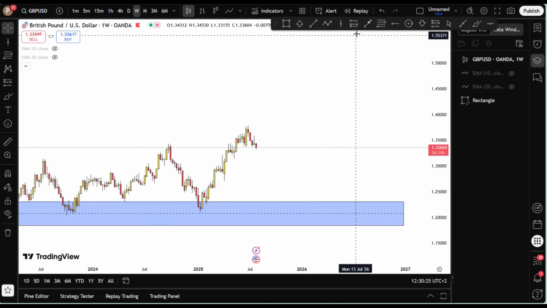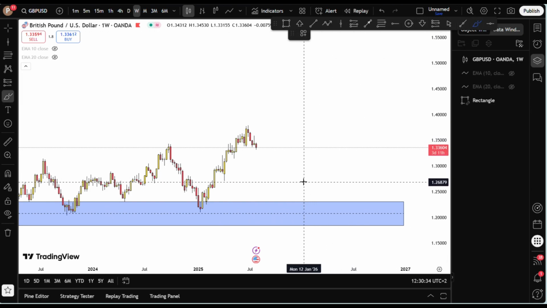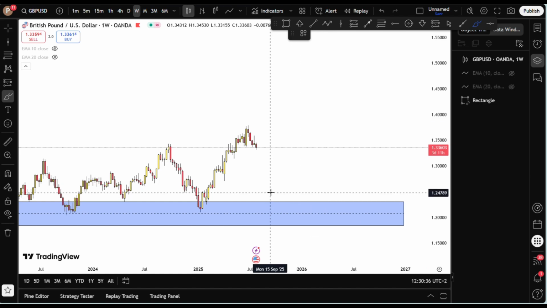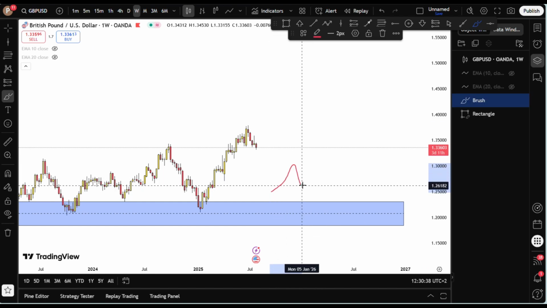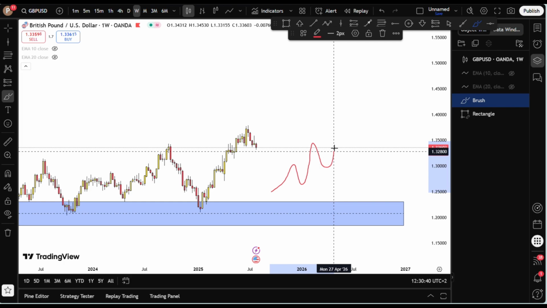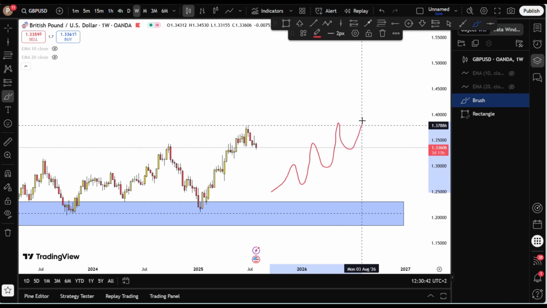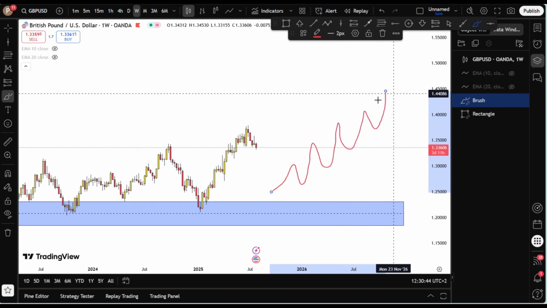Now what we see right now is an uptrend. What identifies an uptrend is higher highs. So higher highs, higher lows, like this. Higher high, higher low, higher high, higher low, higher high.